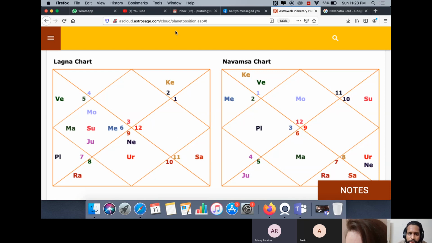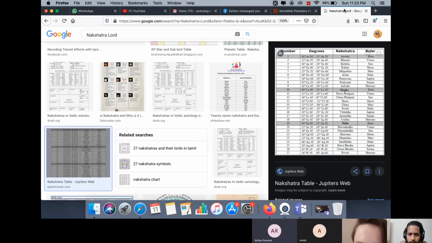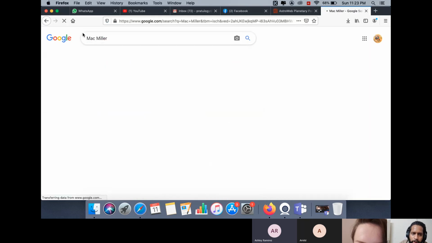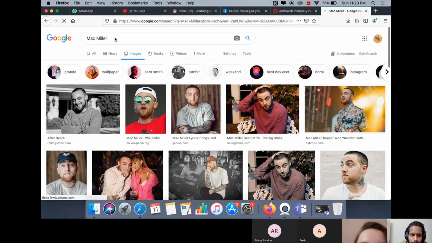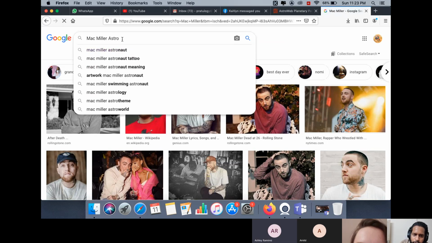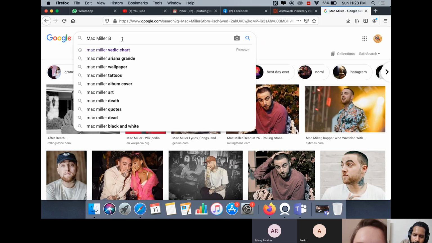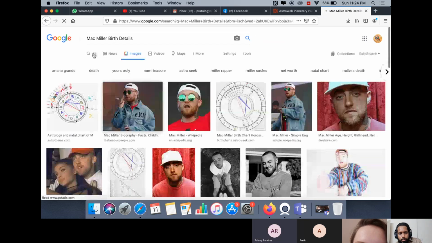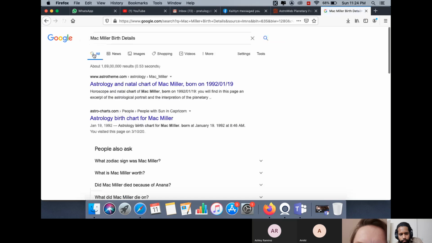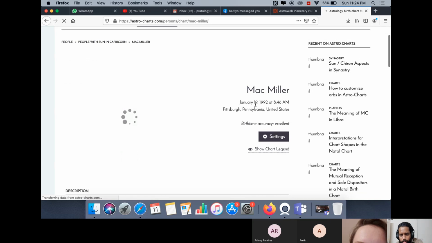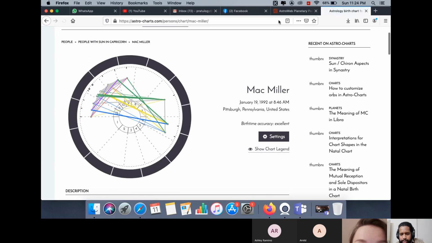I know a chart of Mac Miller. Ashley has given me the chart of Mac Miller. Let's try it. We need the birth details, no? So January 19, 1992.